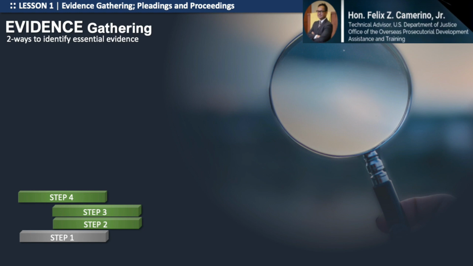All right, so in getting to the activities that are involved in step 2 and 3, there are actually 2 ways to get the answers that we seek for those 2 steps. The first involves looking at the things that we've done in step 1. Remember, in step 1 we were looking to determine what are the elements of the offense.